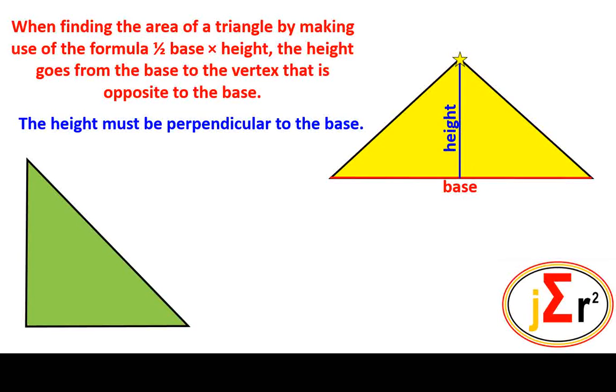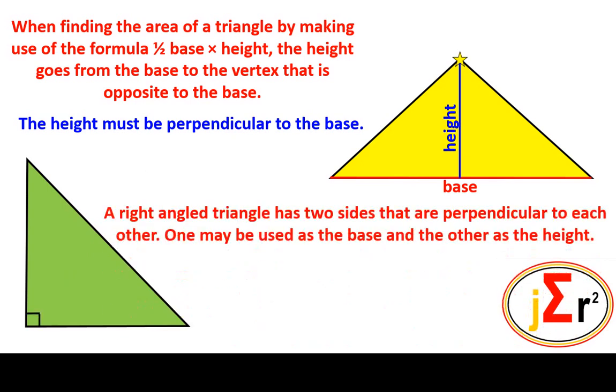And there we have another triangle, which is a right-angled triangle on this occasion. This triangle is right-angled. Therefore, we already have sides that are perpendicular to each other. A right-angled triangle has 2 sides that are perpendicular to each other.